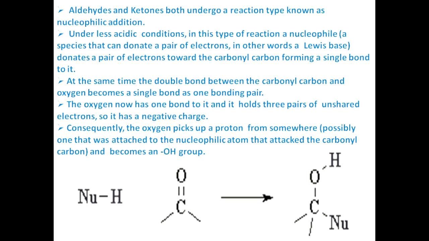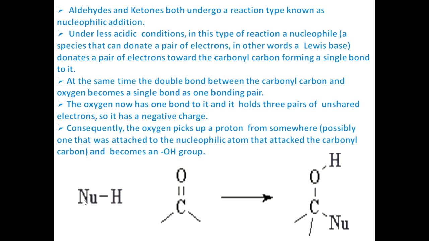At the same time, the double bond between the carbonyl carbon and oxygen becomes a single bond as one bonding pair shifts. The oxygen now has one bond and holds three pairs of unshared electrons, so it has a negative charge. Then finally, the oxygen picks up a proton from somewhere, or possibly from the nucleophile atom attached to the carbonyl carbon, and becomes an OH group.